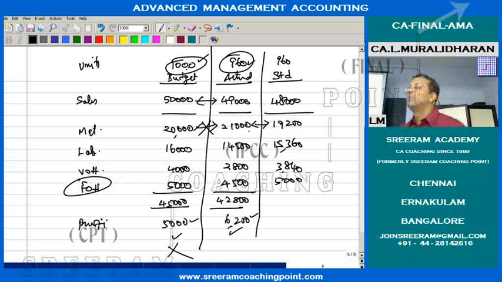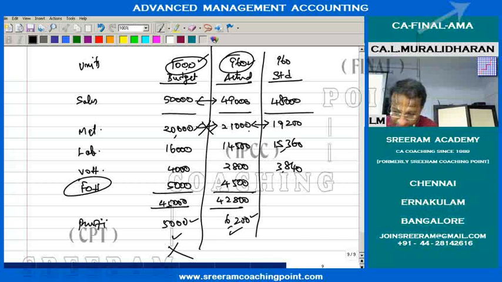Now, there are two ways of accounting in standard costing we have. If you are altering the fixed overhead just like any other overhead, then it becomes absorption costing. If you are not altering the fixed overhead, then it becomes marginal costing. So in standard costing itself, we have two approaches. One is absorption costing, the other one is marginal costing. So, therefore, we may consider both.